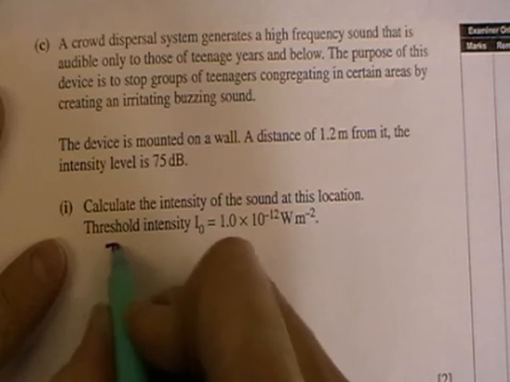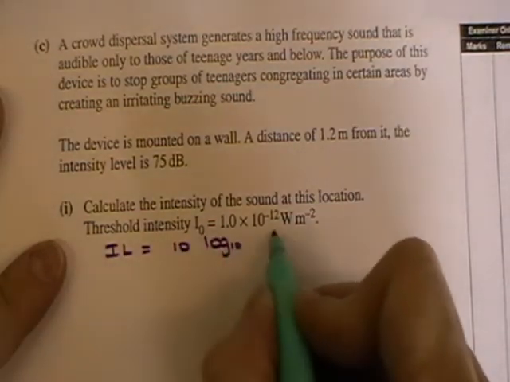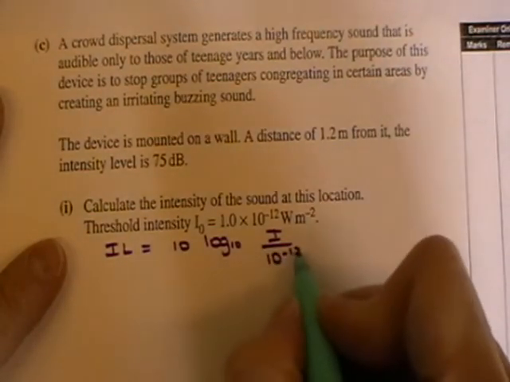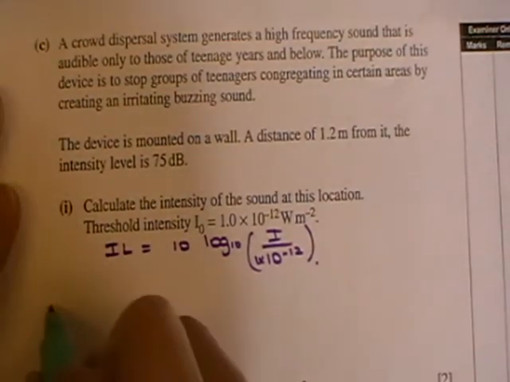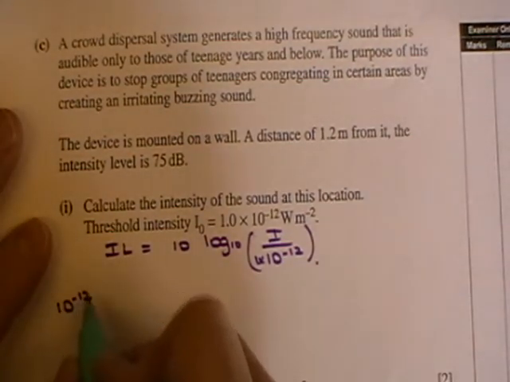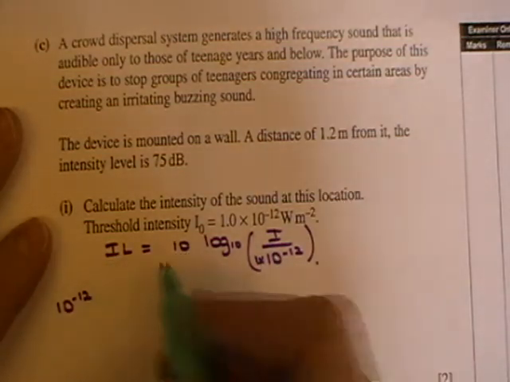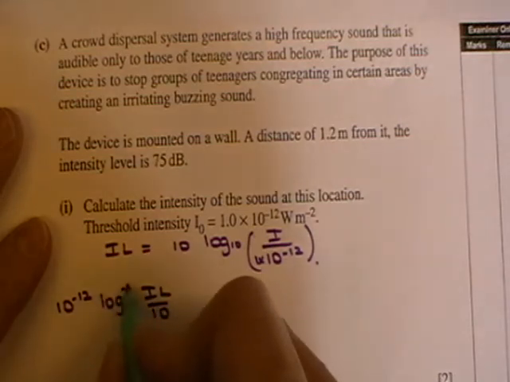So if we write down our equation, intensity level is 10 times log to the base 10 of intensity over 10 to the minus 12. Rearrange that: intensity level divided by 10, and the inverse log of it.